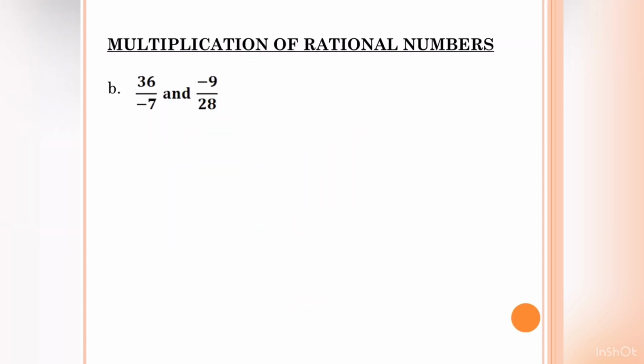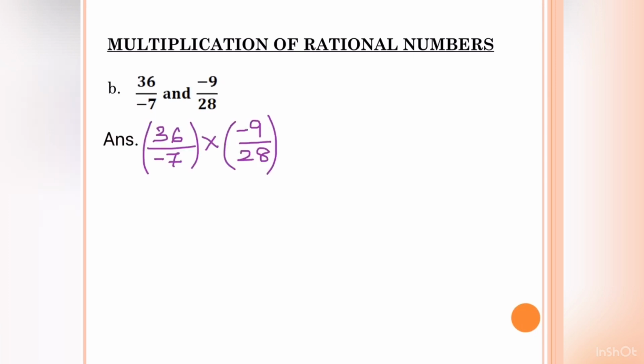Next question, multiply 36 by minus 7 and minus 9 by 28. Answer: 36 by minus 7 times minus 9 by 28. This expression is equal to the product of their numerators by the product of their denominators.